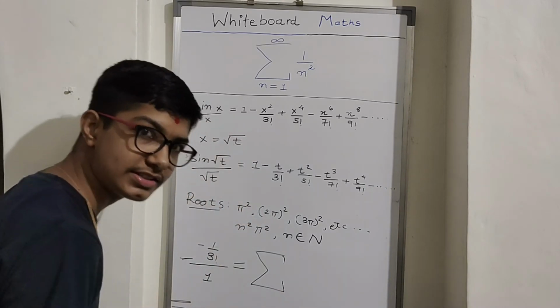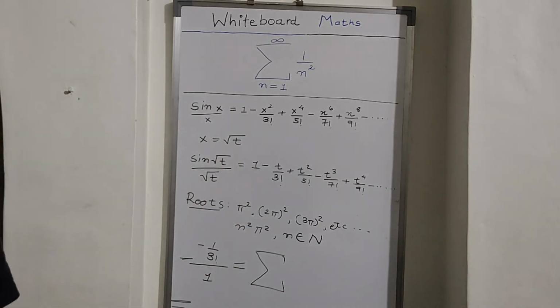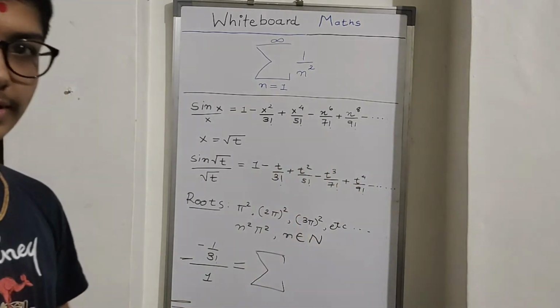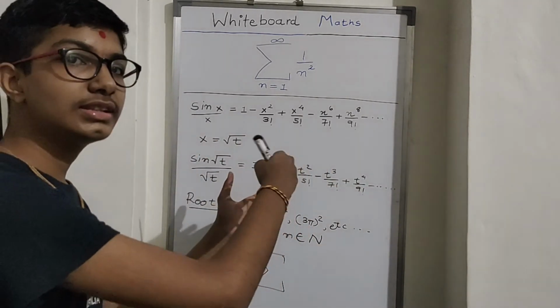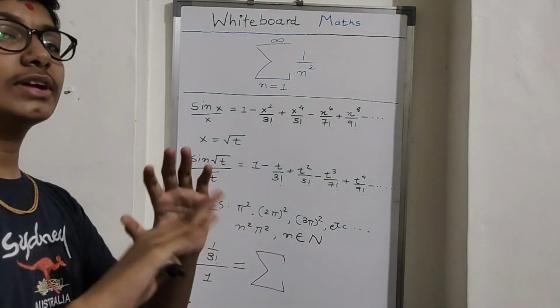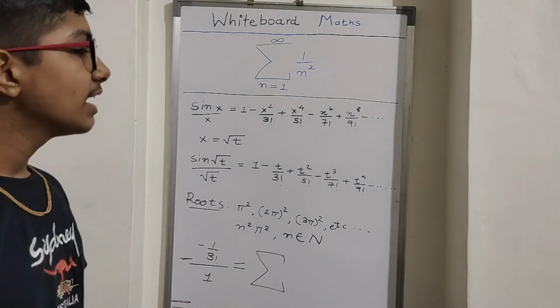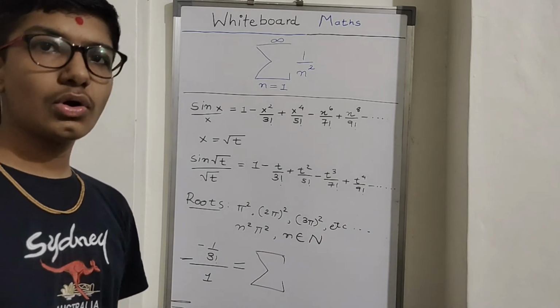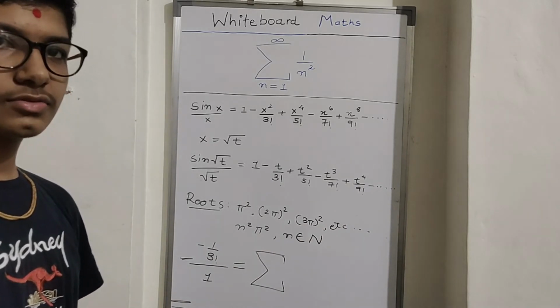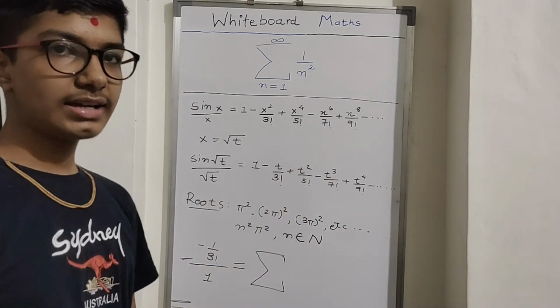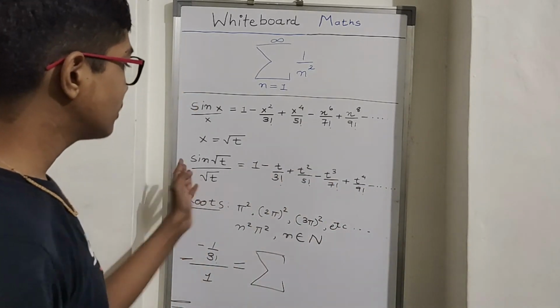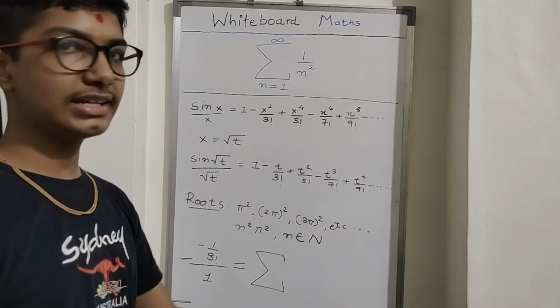the infinite sum. We are assuming this as a polynomial. Here you could see that we are assuming this as a polynomial of infinite degree, and this function satisfies all the conditions of a polynomial. All the powers of t are natural numbers, and so all the conditions here are satisfied.